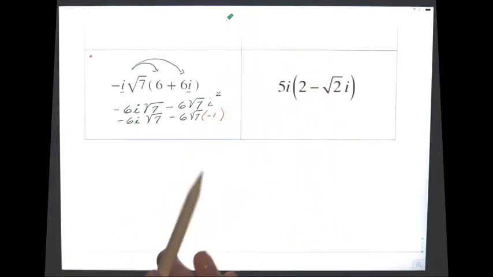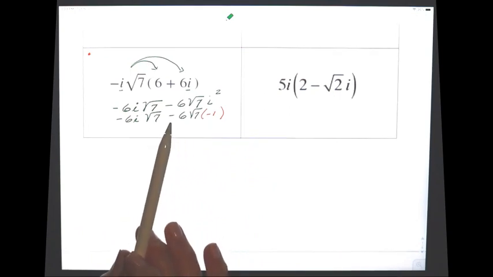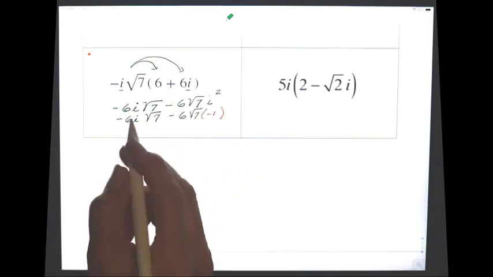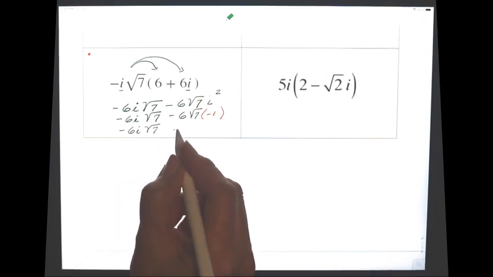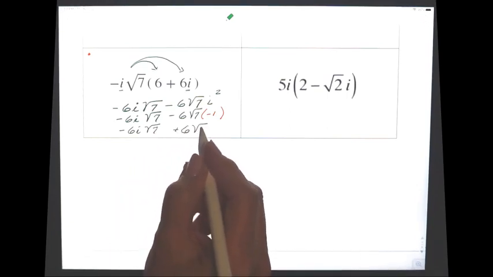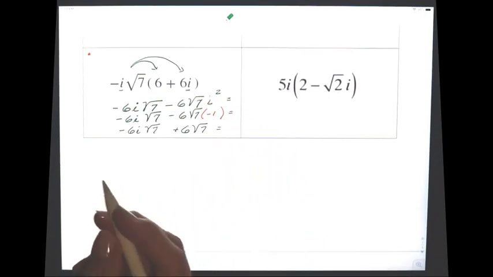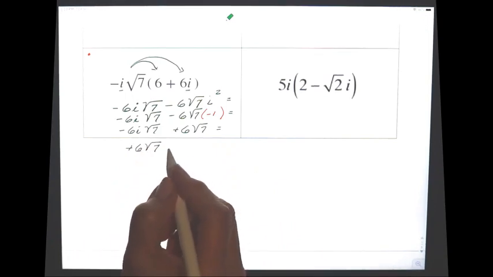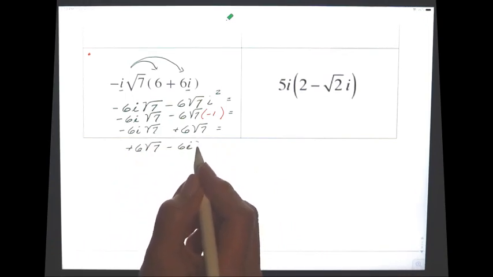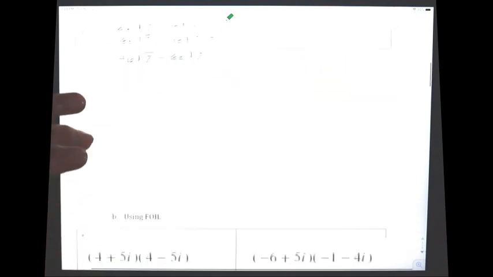And then in the last step, of course, you're going to see me doing a couple of things. When I multiply this -1 times this negative value, I'm going to get a positive value in that spot. And then again, just because of the convention of the way that we note complex numbers, we put the real part first and we put the imaginary part second. All right, so there are two examples using the distributive property.